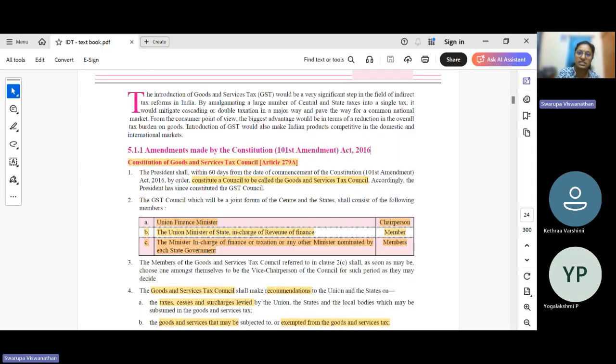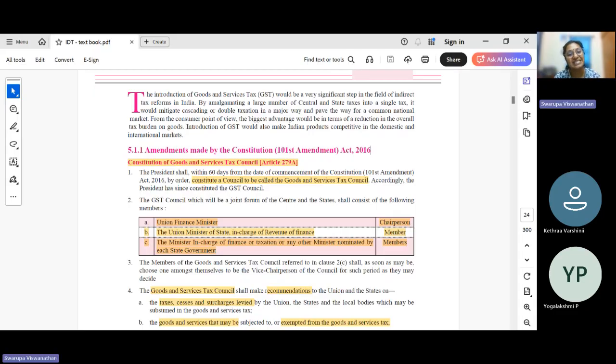Article 246 had 3 lists, List 1, list 2, list 3, that gave separate powers to center and state. So 246A was introduced to give power to levy to both center as well as state, because GST is a dual tax regime, that is CGST and SGST.